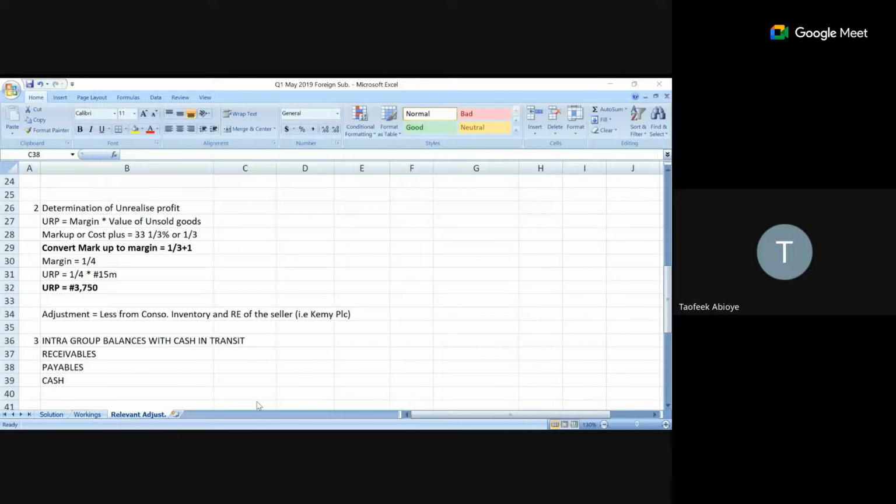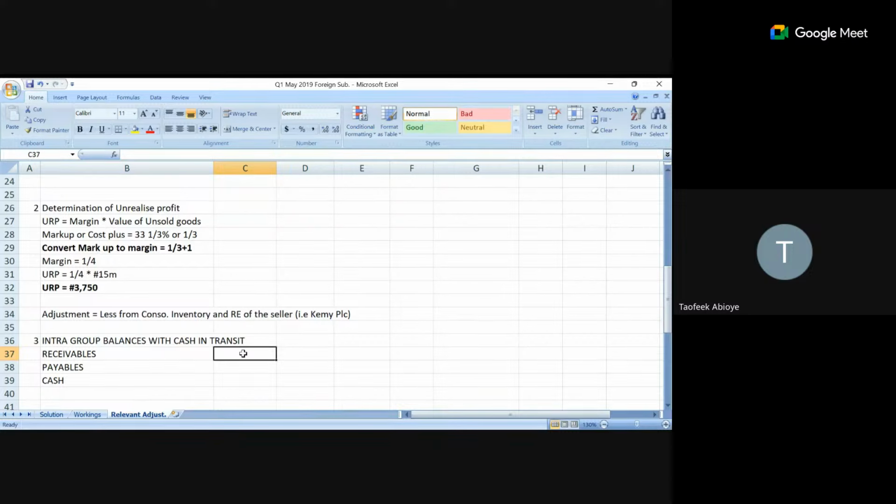Now, this balance we are talking about, how much is it? 15,000. That 15,000 is supposed to be eliminated. If you remember, why are we doing this? Because according to the consolidation rule, intra-group balances must be eliminated.